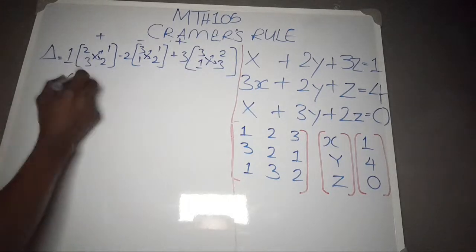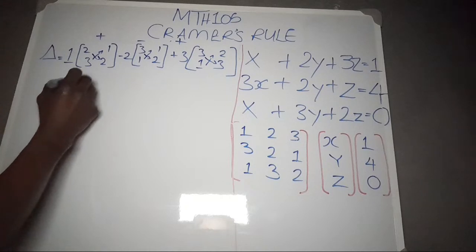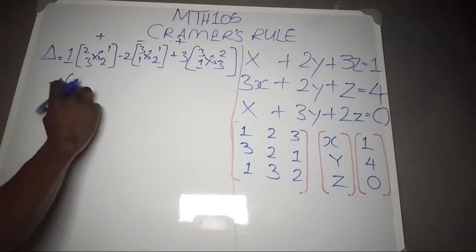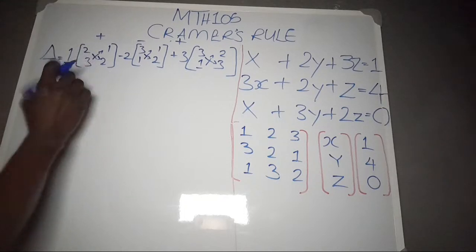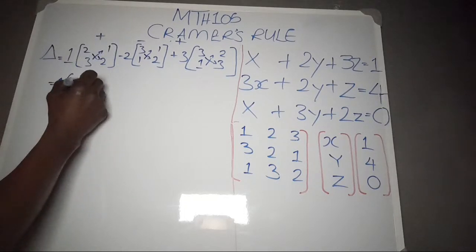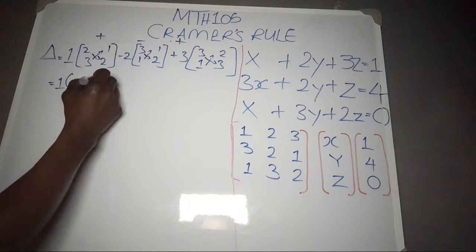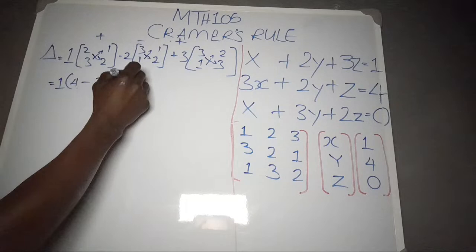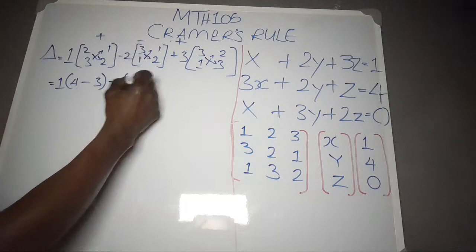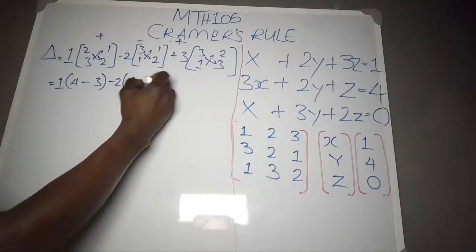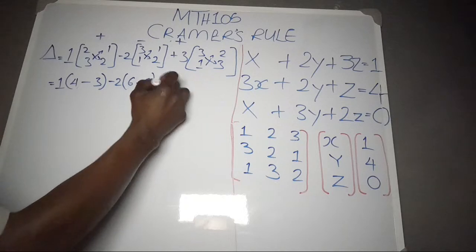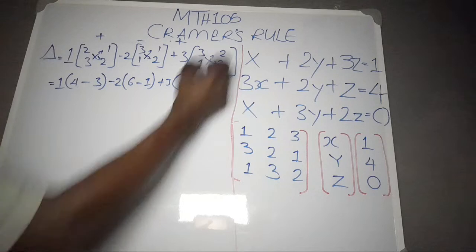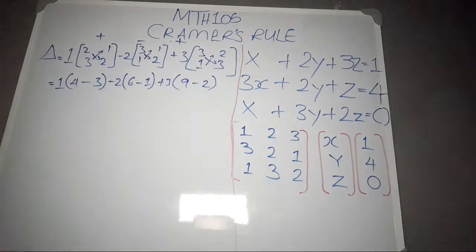So 2 multiplied by 2 gives us 4, minus 3 times 1, that gives us 3. Then we have minus 2. Then 3 multiplied by 2 gives us 6, minus 1 times 1 gives us 1. So we have plus 3. Then 3 multiplied by 3 gives us 9, minus 1 multiplied by 2 gives us 2.